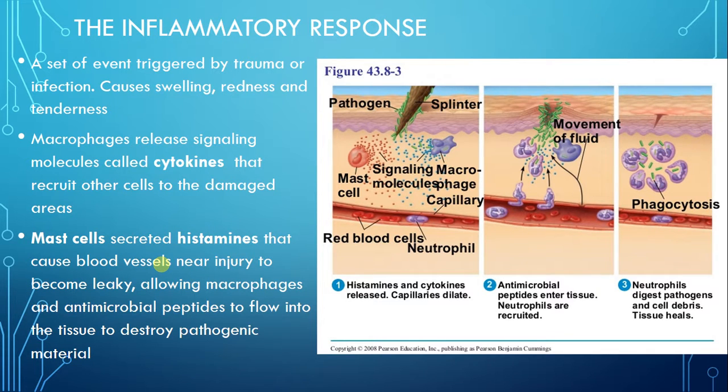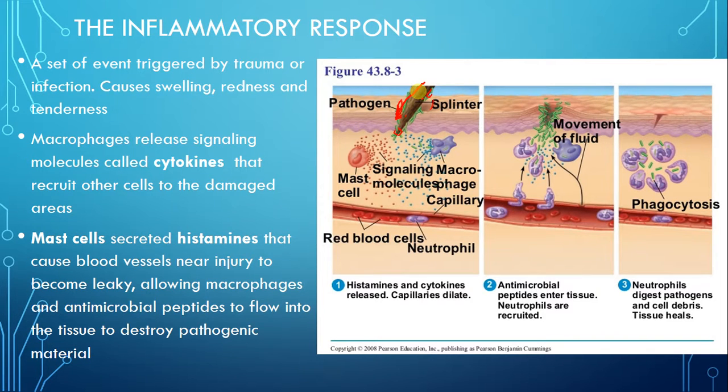So, for example, let's give the scenario like in your book that a splinter gets stuck in your skin, and on the splinter there's a host of pathogens or non-native microbes. Your inflammatory response is going to respond to those foreign invaders.